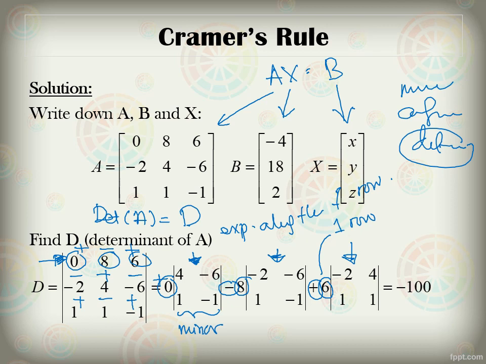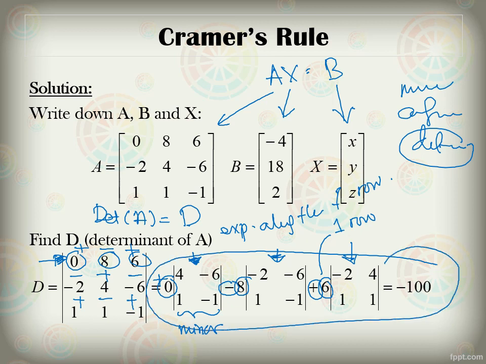Which row, which column, it doesn't matter. It's up to you. To save time, you can do it in one step, you calculate all in one. So you get negative 100 for the determinant of matrix A.